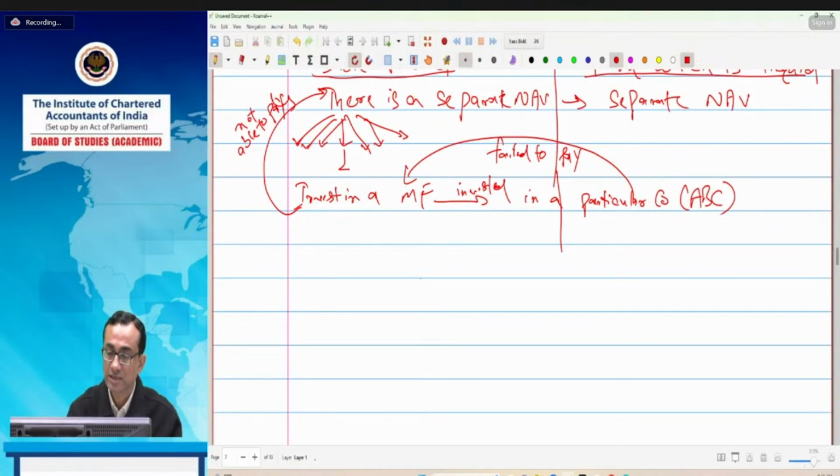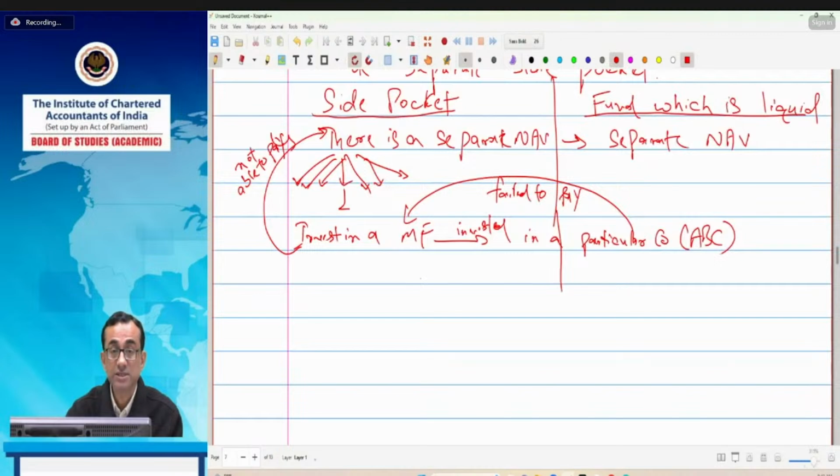Whatever funds are locked in ABC, the amount has not been transferred by the mutual fund to the investors. So that amount can be kept in a separate side pocket, and there is a separate NAV, that is an illiquid fund. But the fund from which ABC is excluded is liquid.